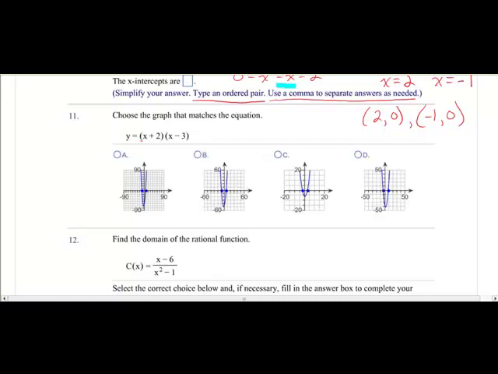What this tells us is that this graph is going to cross the x-axis at negative 2 and positive 3. So those are the 2 points it should cross the x-axis. Now this is why I don't like this problem, because these numbers are so big, it's not zoomed in very close. It's really hard to tell.